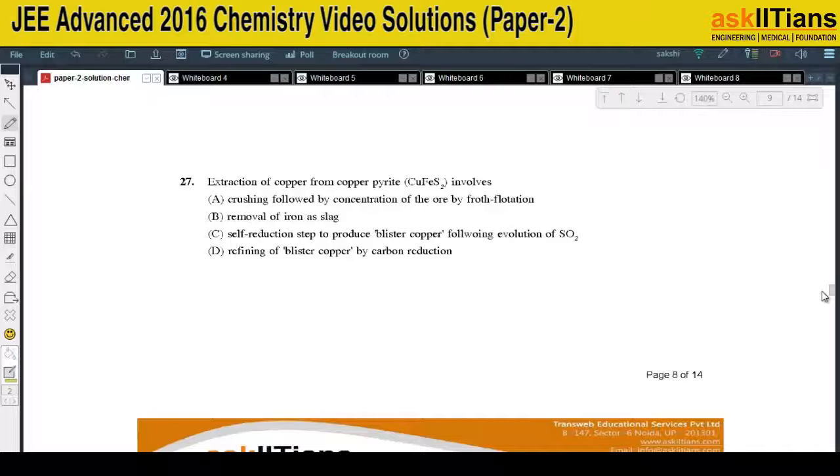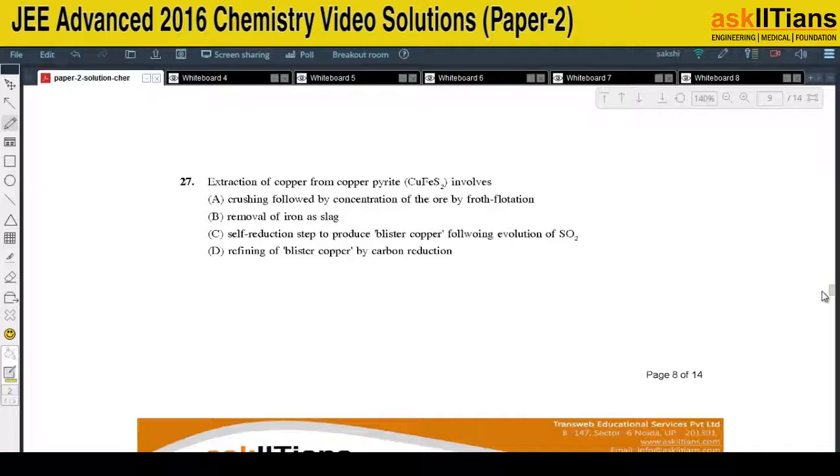He's saying crushing followed by concentration of the ore by froth flotation. Then he is saying removal of iron as slag. Then he is saying there is a self-reduction step to produce blister copper following evolution of SO2. And finally, he is asking us the refining of blister copper by carbon reduction.